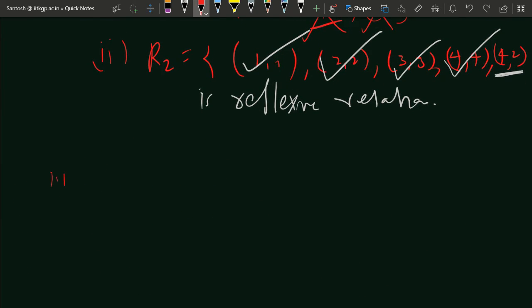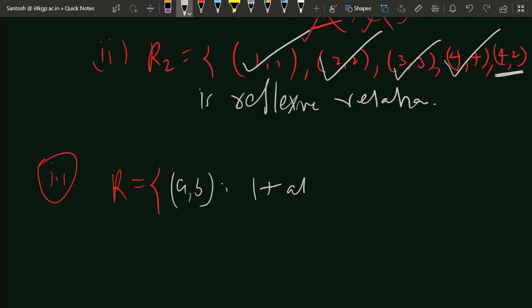Now I will write some theoretical question, one more question. So suppose the third question is, R if I write (a, b) such that 1 plus ab is more than 0. So is this relation reflexive? Take the same set, 1, 2, 3, 4.